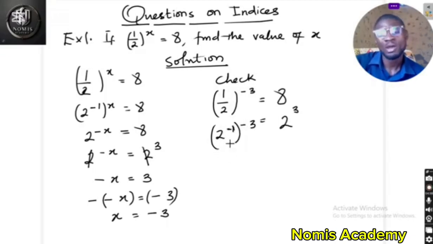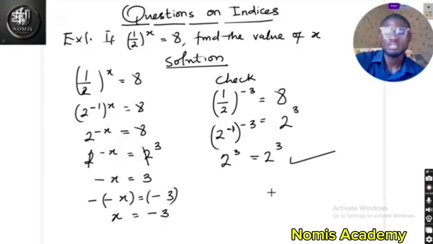So since we have two powers, minus 1 and minus 3, we can multiply both together, so it becomes 2 to the power of minus times minus will be plus, and 1 times 3 will be 3. So it is believable to say 2 raised to the power of 3 is equal to 2 raised to the power of 3. So this is correct. So let's take another example, example number 2.